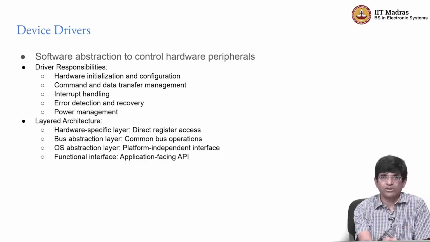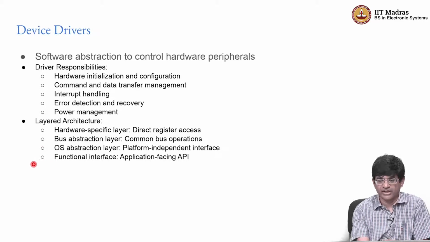Now the same thing could have been achieved by directly writing into the registers of the peripherals that we have, but all that this provides is a set of uniform functions that make it easier to write code of this sort, right. Typically we have some kind of a layered architecture. We have something which is hardware specific, then common bus operations, operating system functions, and finally application facing programming interfaces.